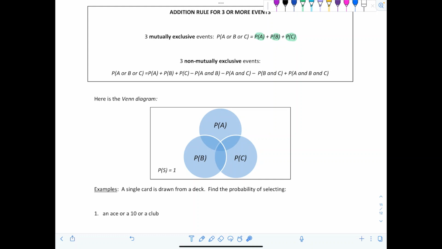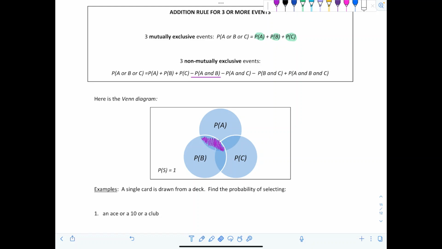The probability of A or B or C, it starts off the same, probability of A plus probability of B plus probability of C. Then you want to subtract the overlaps where you would be double counting some of the probabilities. So then we subtract the probability of A and B. That would be all of this right here.